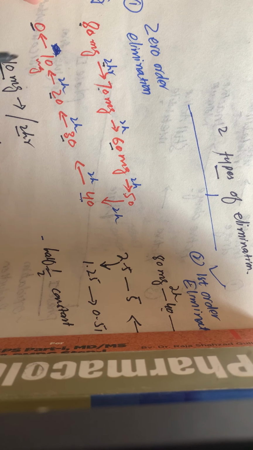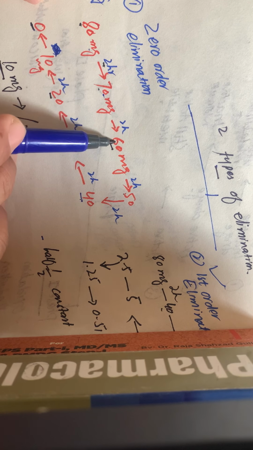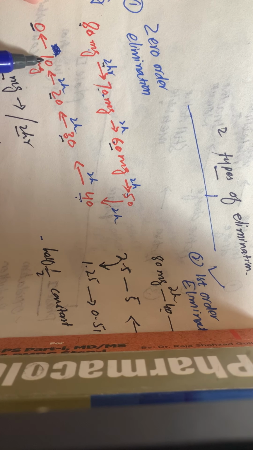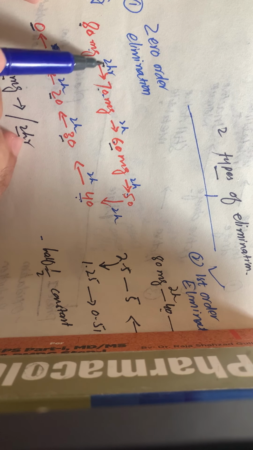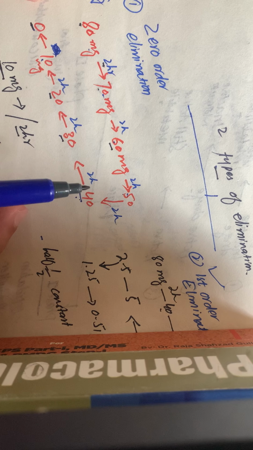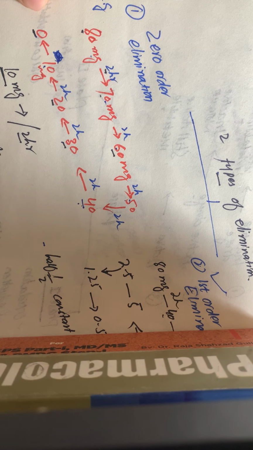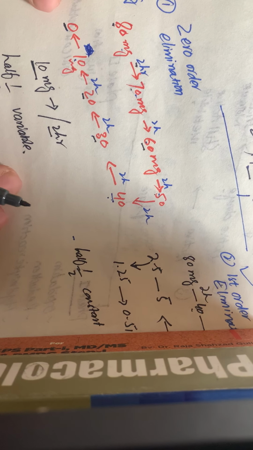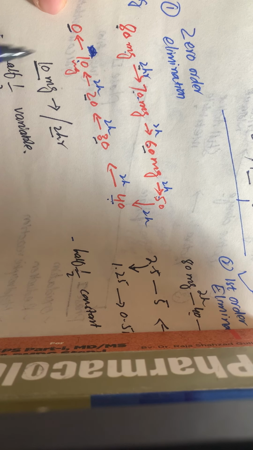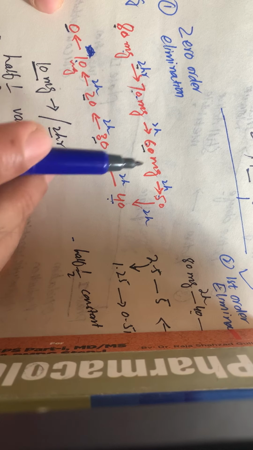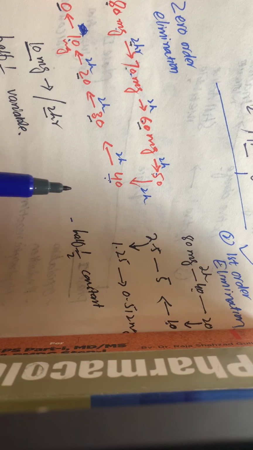From 80 to 70, 60, 50, 40, 30, 20, and 10, and the time is 2 hours. So in this case the half-life is variable. I will talk about the half-life in a second. So in this case 10 mg is eliminated in each 2 hours, right?